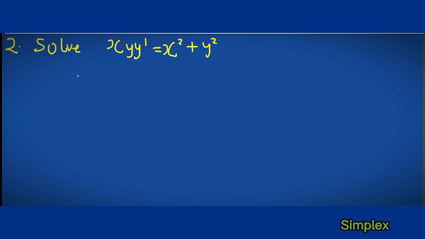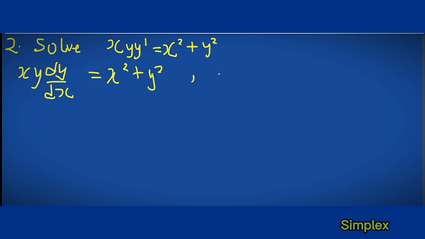Solve xy y prime is equal to x squared plus y squared. Remember, in solving any equation, it is best to make the first derivative, dy/dx, the subject of formula. So in this question we have xy, and remember that y prime is another name for the first derivative, which is dy/dx, is equal to x squared plus y squared.